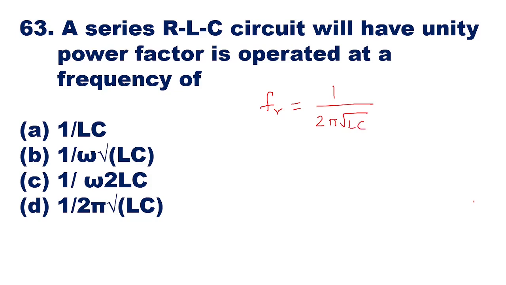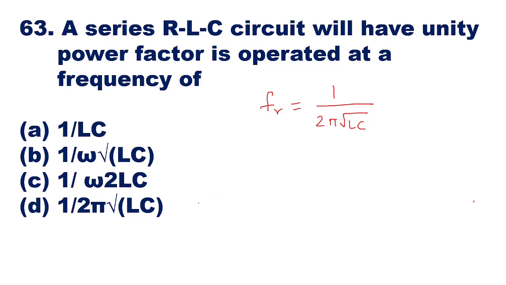A series RLC circuit will have unity power factor at resonance because voltage will be in phase with the current, that is, there is no phase difference between voltage and current, so it is zero angle. So cos 0 is equal to 1, so it is unity, and this happens at a frequency that is the resonant frequency for that circuit.